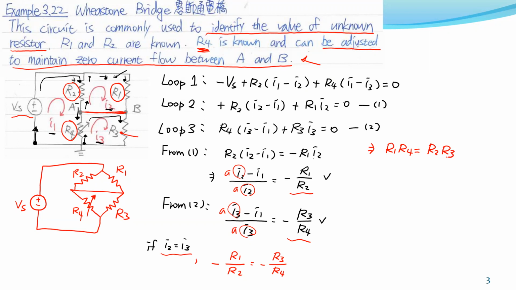Okay, and since R1, R4, R2 are known, only R3 is unknown. So we have R3 equals R1 times R4 divided by R2. Okay, so we got our proof.